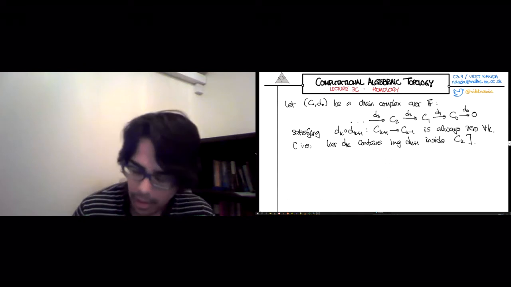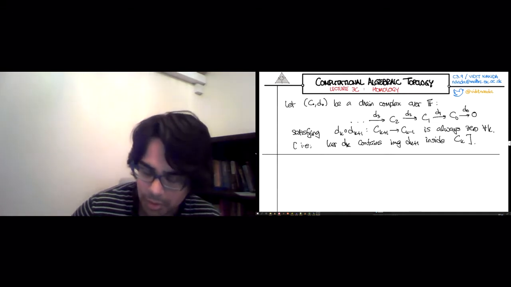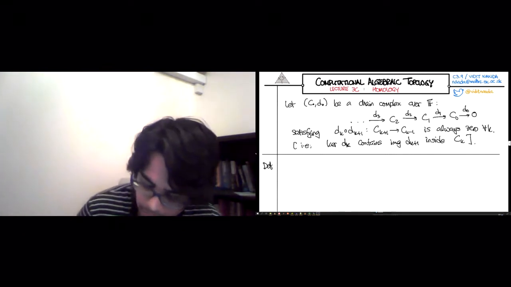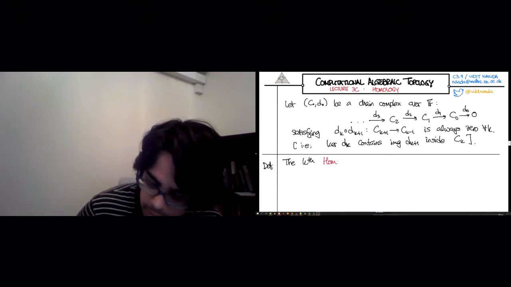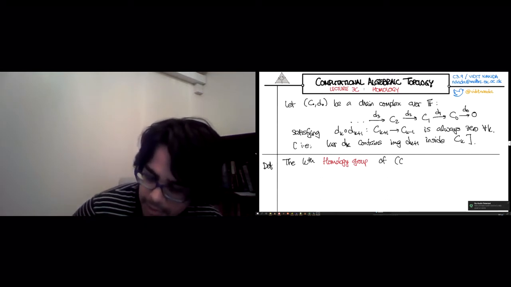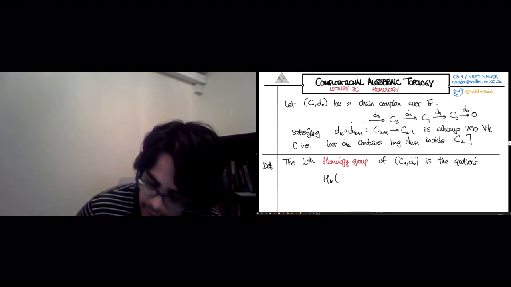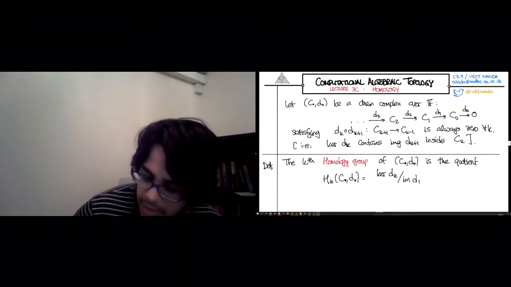That's what that's saying. Okay, so here is the most important definition, not just of the week, but maybe of the whole course. The kth homology group of this chain complex C• is the quotient, and here's how we write it: Hk of C• is the quotient of kernel dk by the image of dk plus 1.